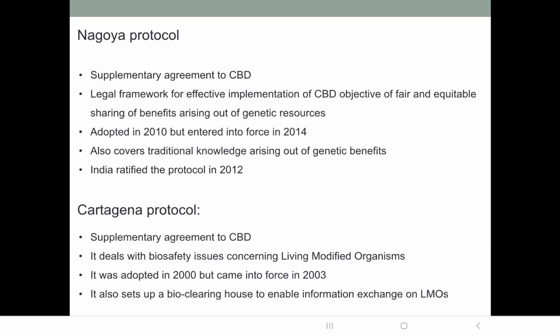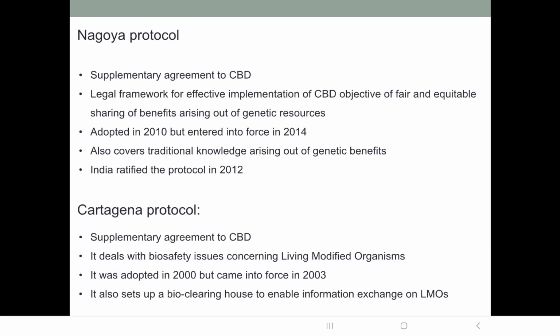Genetically modified organisms are plants, animals, or microorganisms that contain a gene from some other plant, animal, or microorganism, some other species, and the gene confers a certain character to these plants.